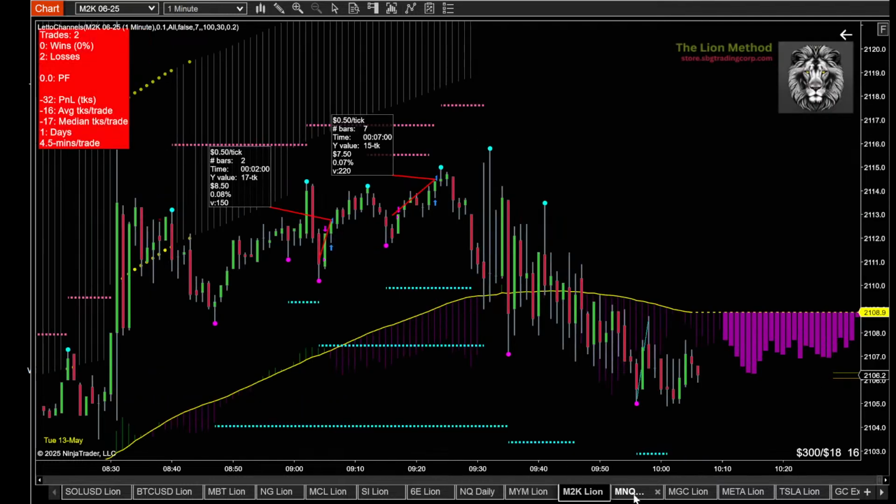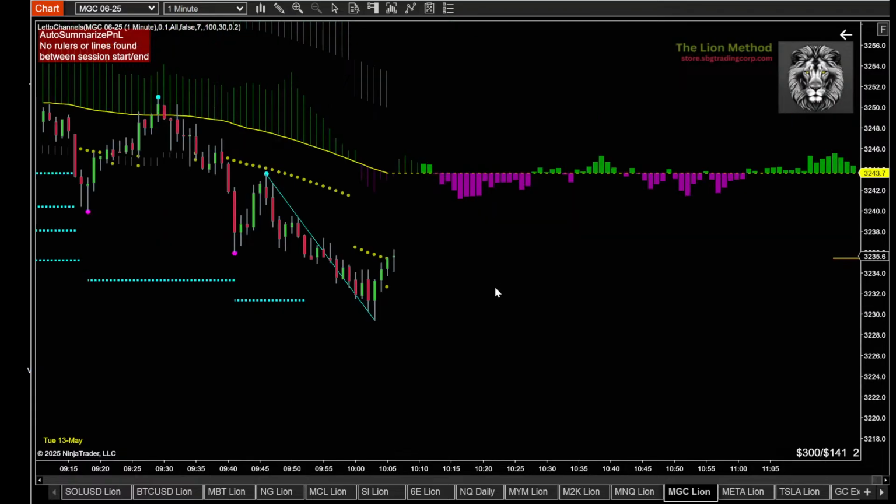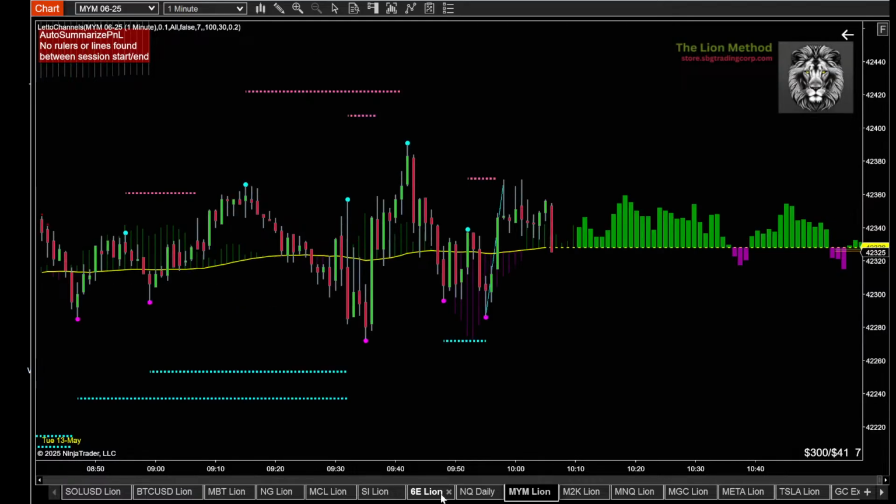Nothing, nothing, nothing. Gold is the only one that has my interest right now. We've got to wait for a buy signal that's attractive. We'll find out.